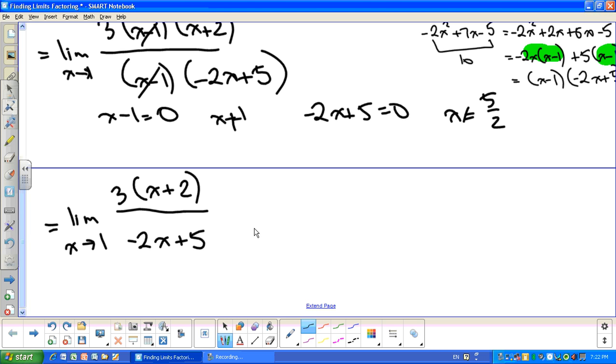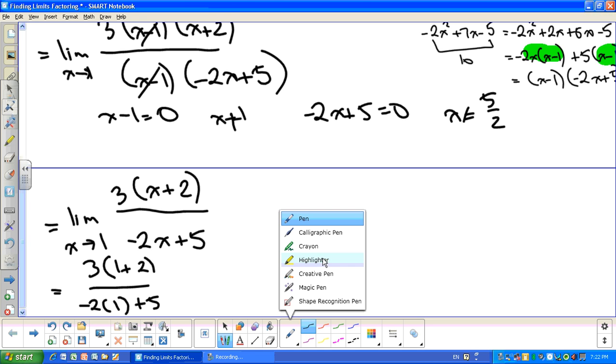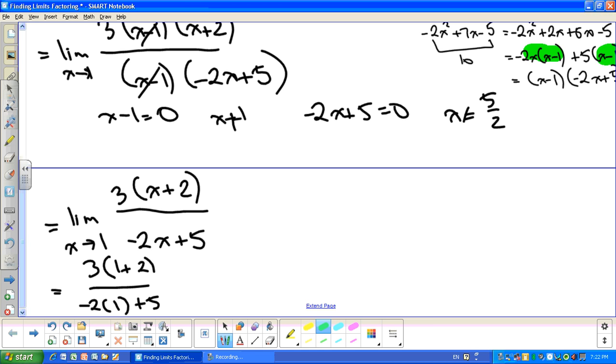And that becomes, when I substitute x equals 1 into that expression, 3 times 1 plus 2 over negative 2 times 1 plus 5. Please notice, and that's extremely important, that I am not using the limit symbol anymore because I'm evaluating the limit.